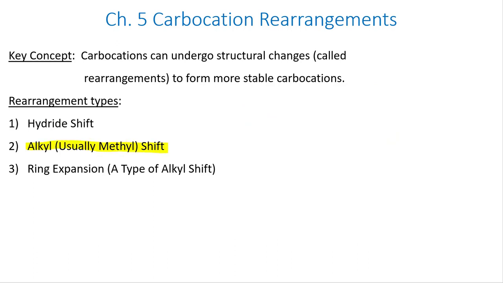An alkyl shift, which is usually a methyl shift but could be another group moving, is when we have a carbon adjacent to a carbocation carbon, or a putative carbocation carbon, that doesn't have any hydrogens to move. So we'd be looking at a quaternary carbon.